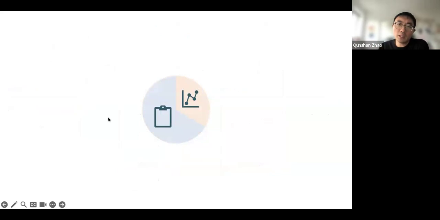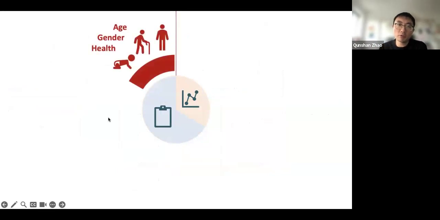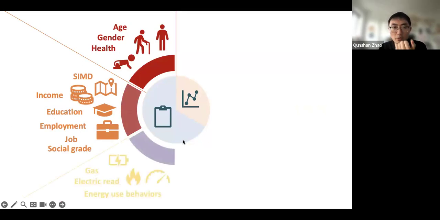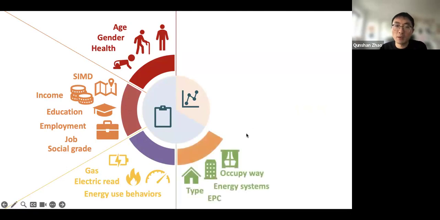In terms of the data we collect, from the survey we have age, gender, and health conditions. We can also get income, education level, and employment situation. We ask the users to take gas and electricity readings, so we know how much energy they use.